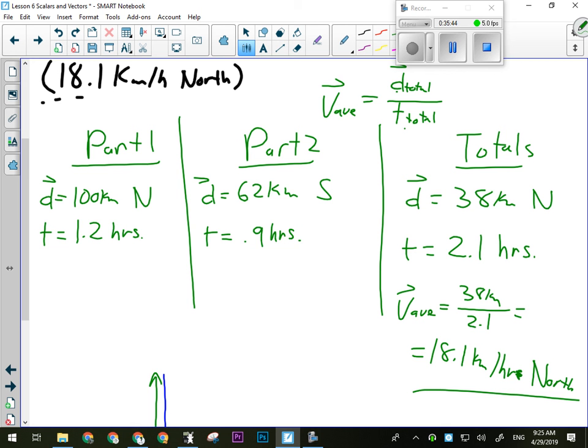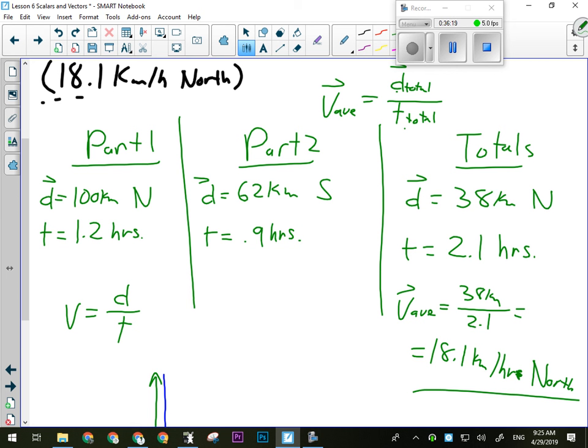What if now there was a part B on this question that said, what is the average speed of the bus? Okay, now the directions don't matter. Speed is scalar. If I want to know the average speed, I just need the total distance divided by the total time. Direction doesn't matter. It doesn't matter that I backtracked.